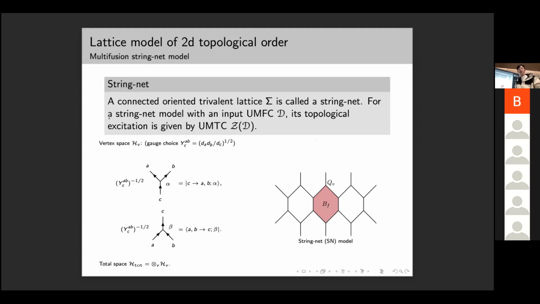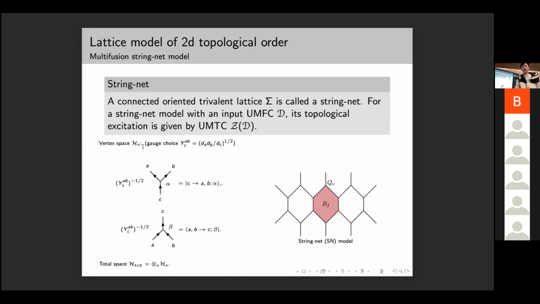Its topological excitation is given by the Drinfeld center of this unitary multifusion category. And it can be shown that this Drinfeld center is also a unitary multifusion category. Even for the unitary multifusion category D, its Drinfeld center is still a unitary fusion category.